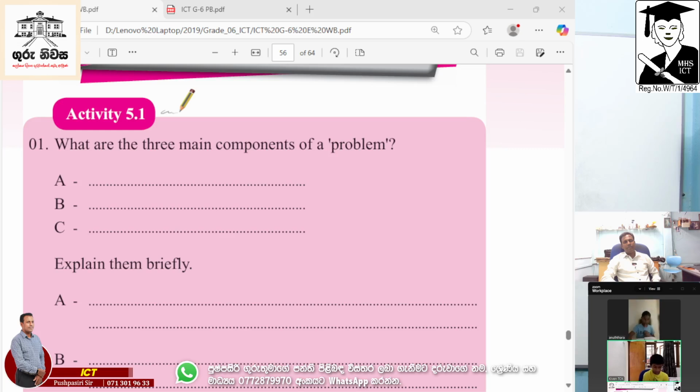Input: things to be included to solve the problem. Process: guidelines to be followed to solve the problem. Output: the result you get after solving the problem. Right. So whatever Kevin was saying, Kevin gave correct. Right, let's go to the next one.